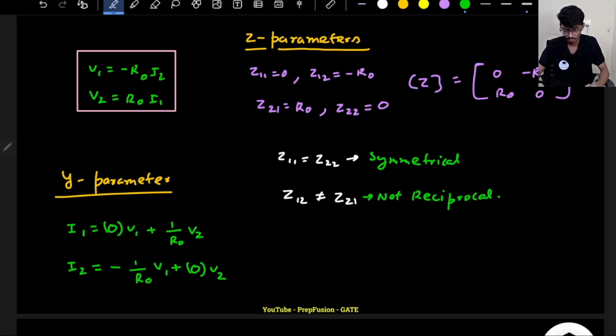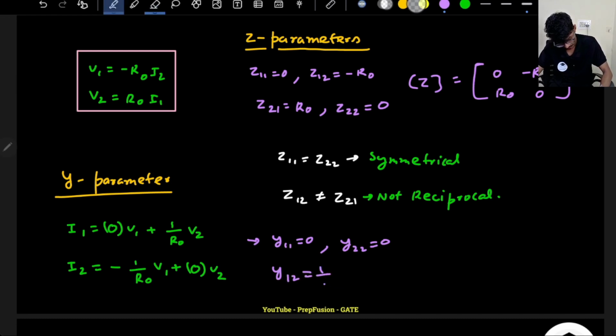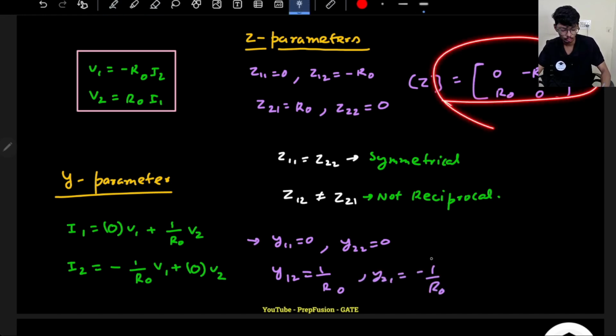From here I can directly write Y11 is 0, Y22 is 0, Y12 is 1 by RO, and Y21 is minus 1 by RO. You could have taken the inverse of the Z matrix as well and got the same result.